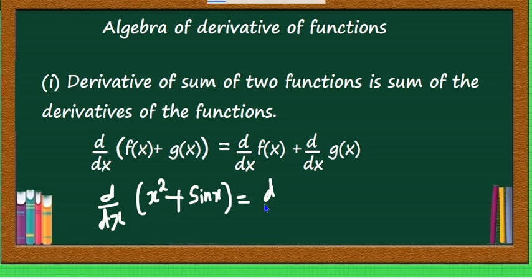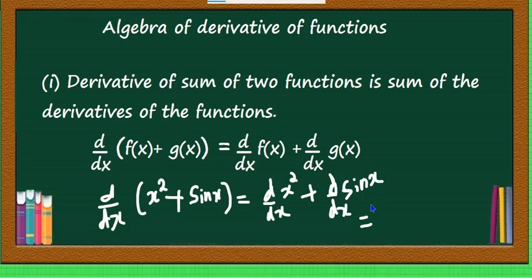It is d by dx of the first function, that is x square, plus d by dx of the second function. What is the second function here? Sin x. d by dx of sin x. And you know the derivatives of these functions, and in the next step you can write the answer.